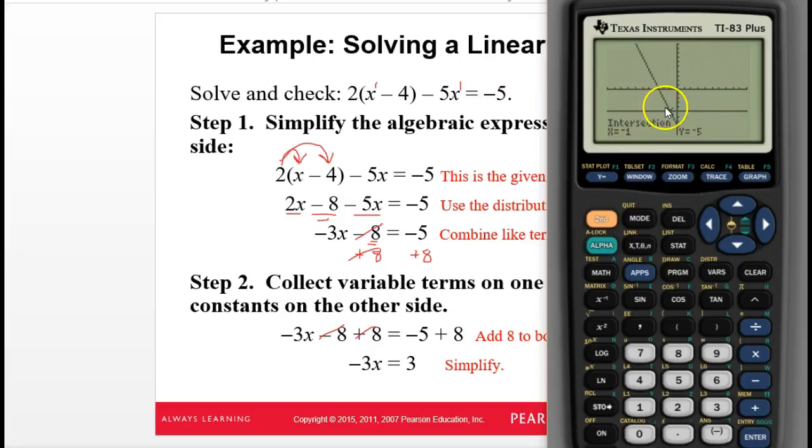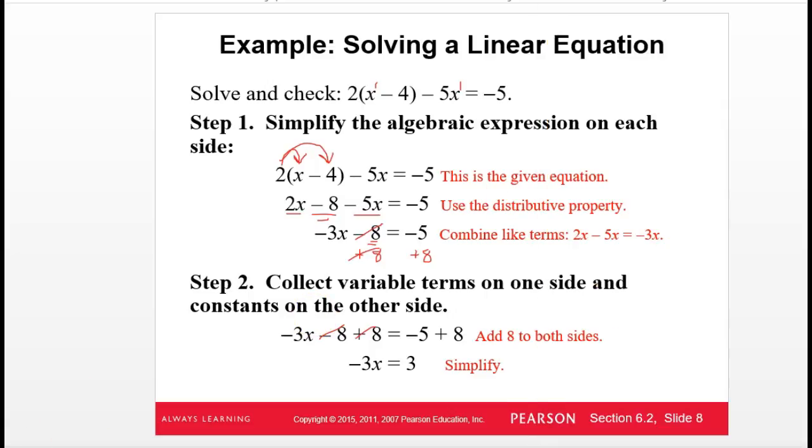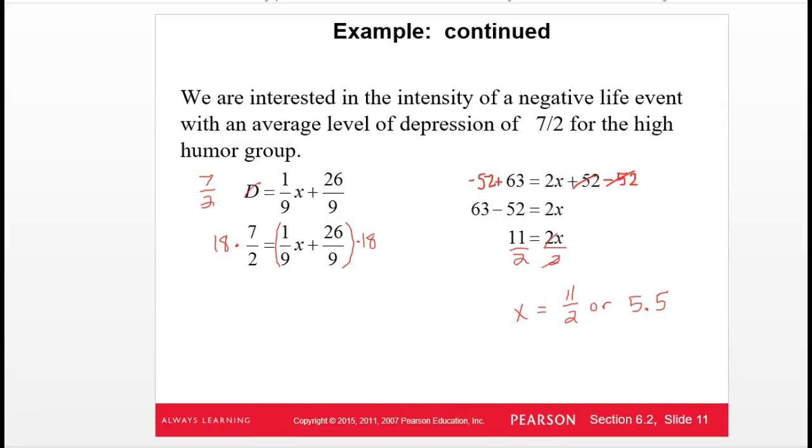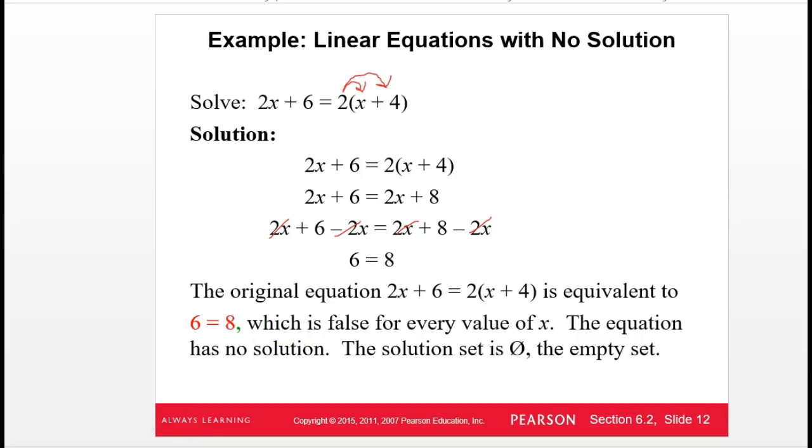There's no x, so it doesn't change. But the x-coordinate of their intersection is -1. And that's what we're doing here visually: if we graph the left and right-hand sides, we're finding where they cross. Well, if an equation doesn't have a solution, like we saw with this one, then that just means the two lines don't cross.